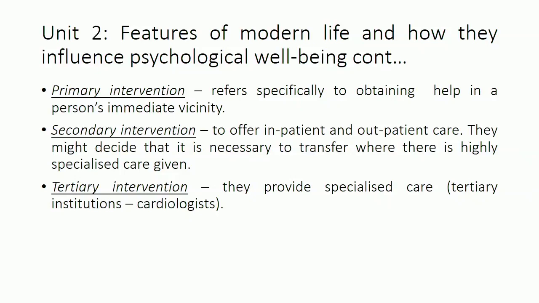For example, if we are to talk about patients, they might decide that it is necessary to transfer them where highly specialized care is given. And then we are looking at the tertiary. This has to do with the specialized areas. So in terms of health, we are looking at the specialists, doctors.